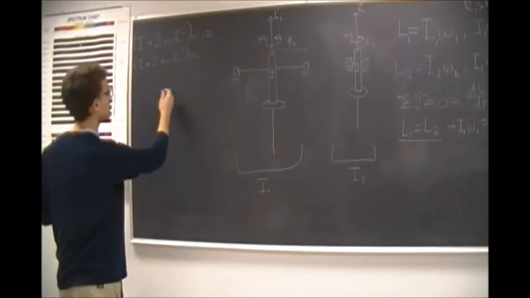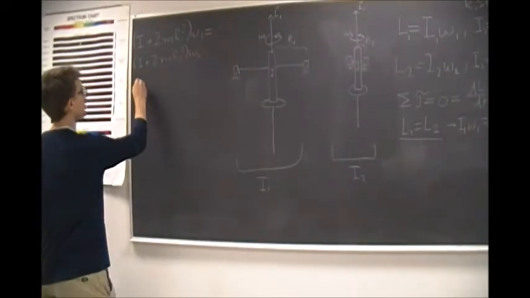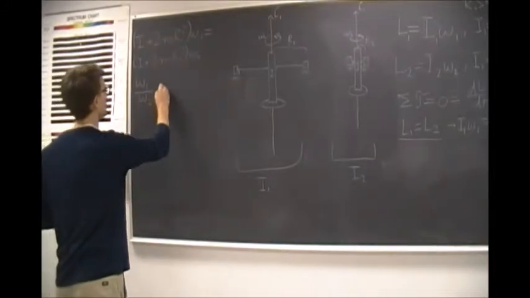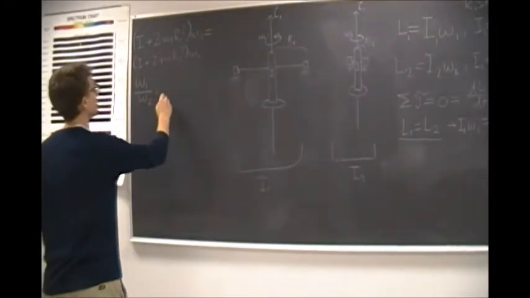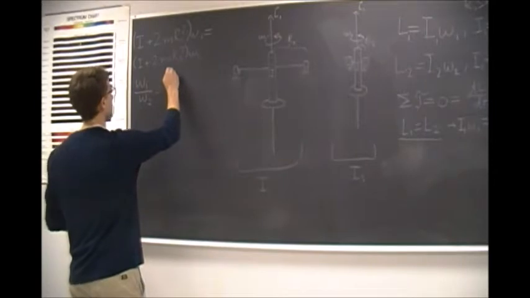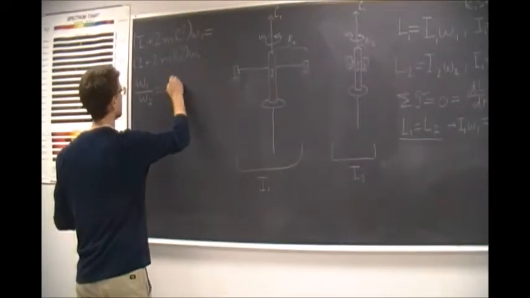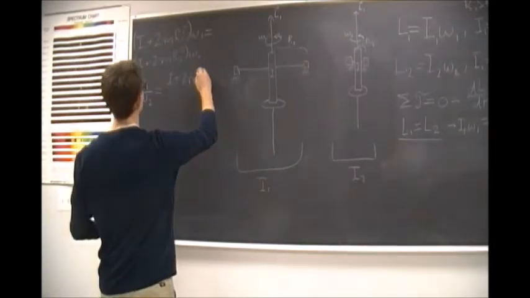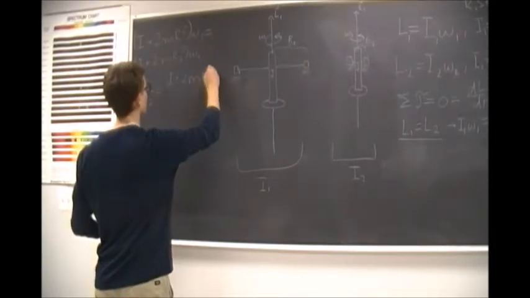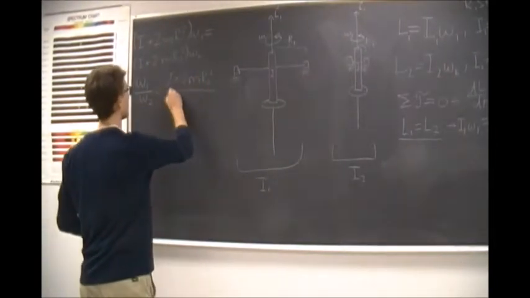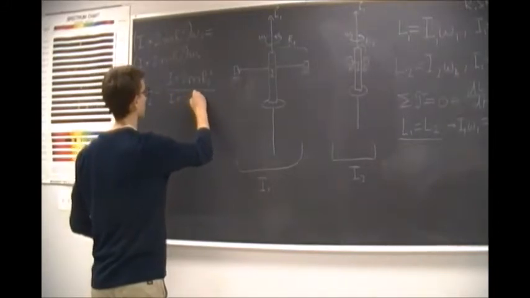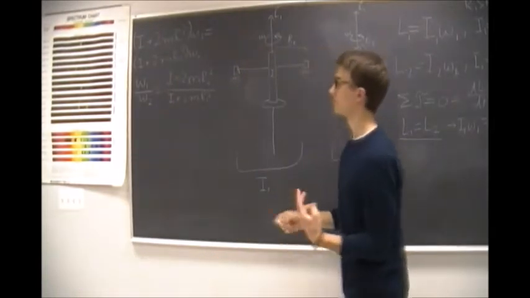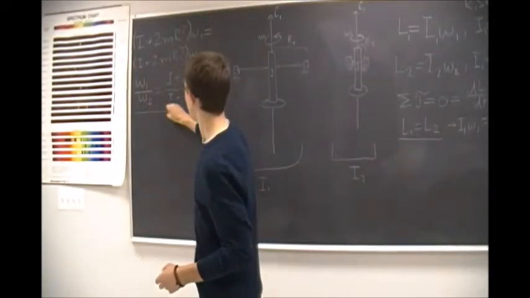So I'm going to take omega 1 over omega 2, which is equal to I plus 2 m r2 squared over I plus 2 m r1 squared. Now, this is an important ratio.